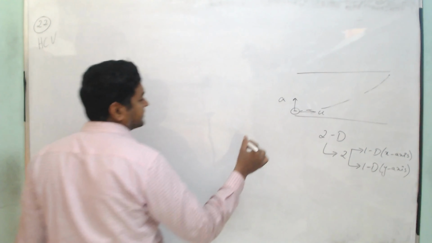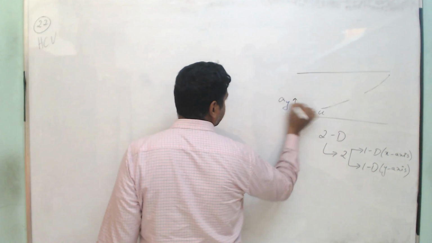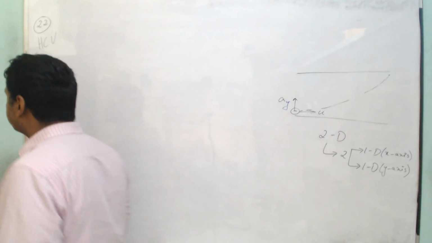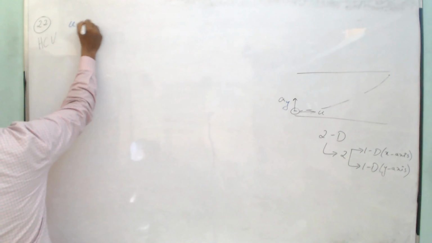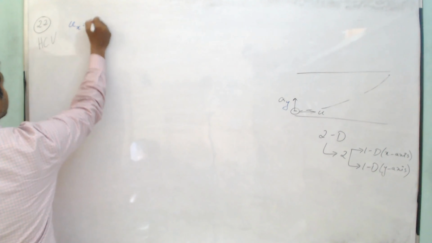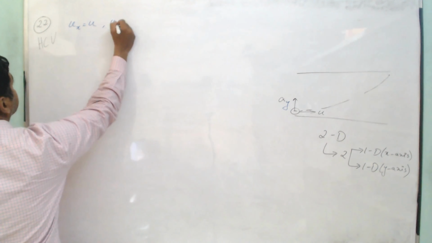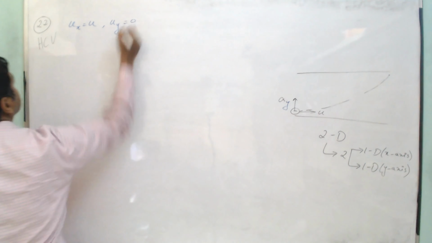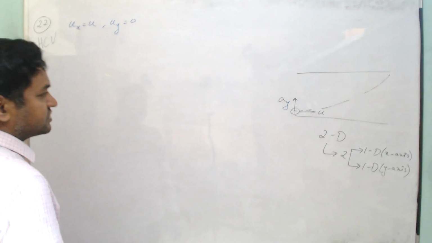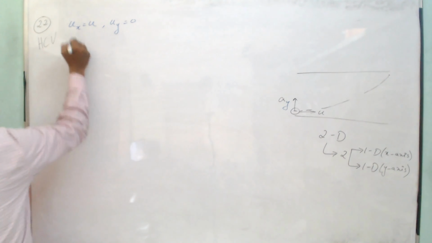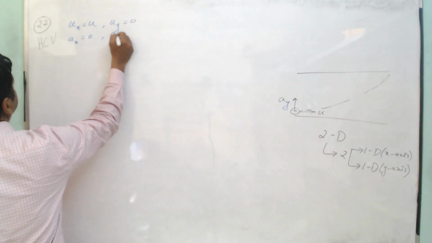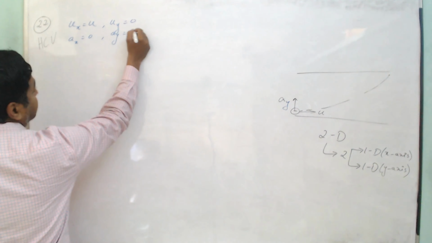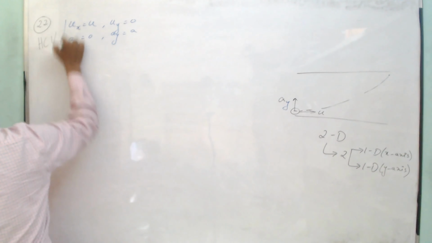So what are the inputs? ux is some u, the initial velocity in the x direction. Initial velocity in the y direction is 0. Acceleration in the x direction is 0 because there is nothing to accelerate. And acceleration in the y direction, let us take it as a.